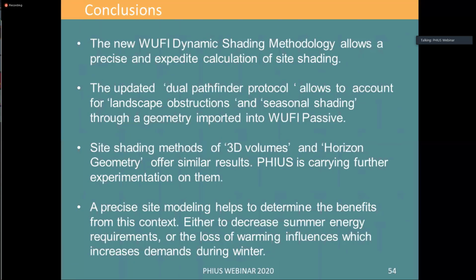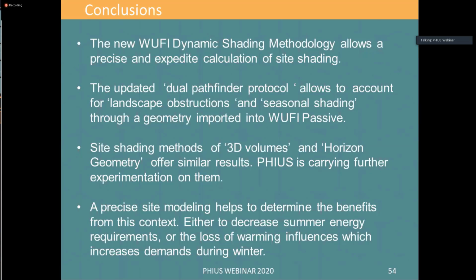Cases on 3D volumes and the horizon geometry have similar results. And regarding this, PHIUS works on further experimentation on the field extension, and on a comparison of results in suburban environments. Finally, these updates help you to determine the potential benefit of shading from adjacent structures.